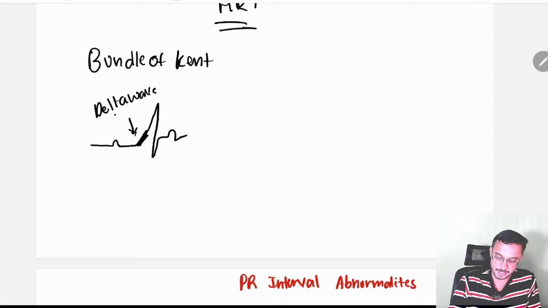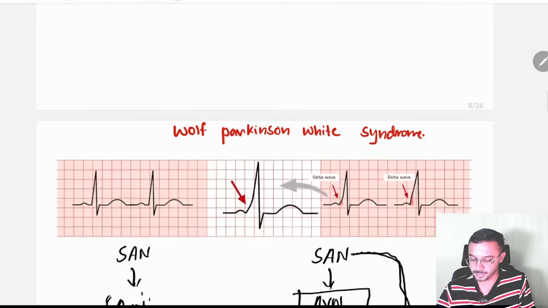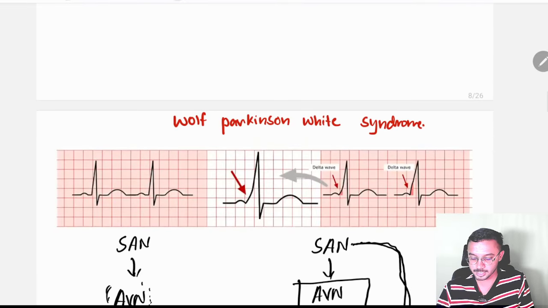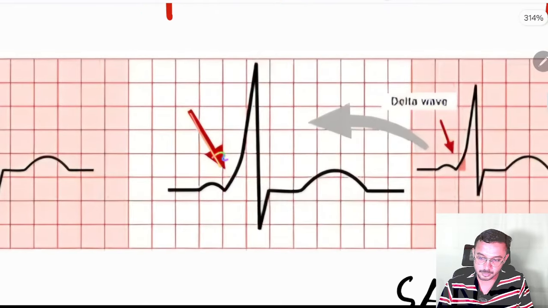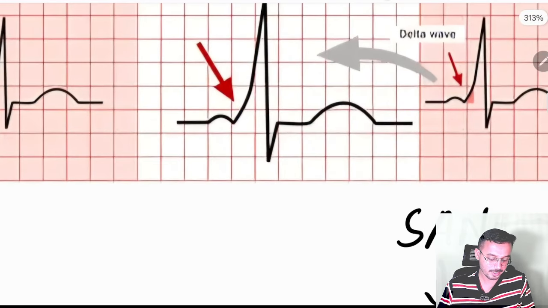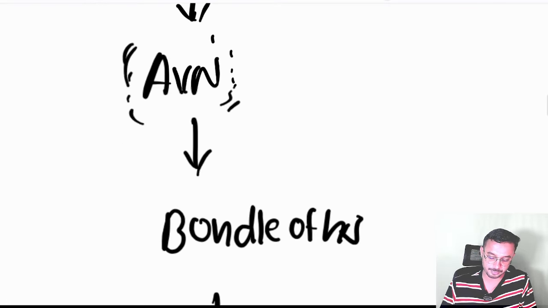Delta wave is the characteristic feature of WPW. Look at how it is looking. Look at the wave over here. This I have hand drawn. The PR interval is also short, and this upstroke, where the red arrow is, is the delta wave. This is an abnormal wave. So this is about WPW, Wolff-Parkinson-White syndrome.